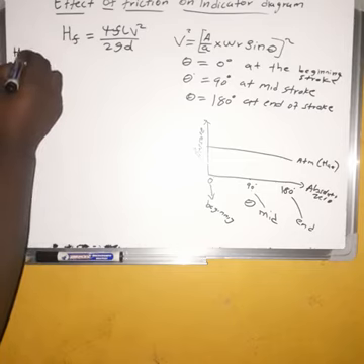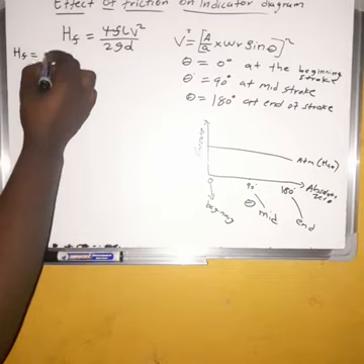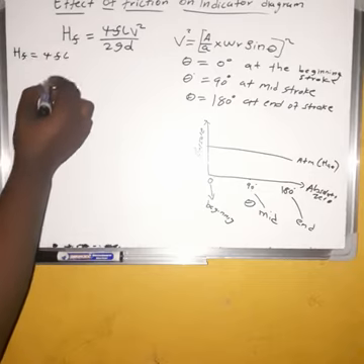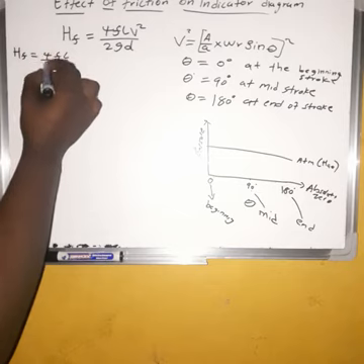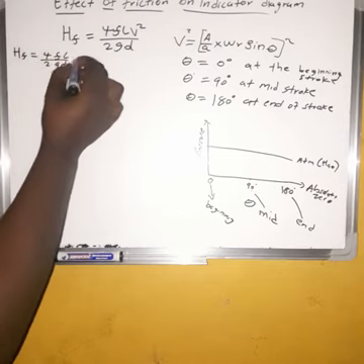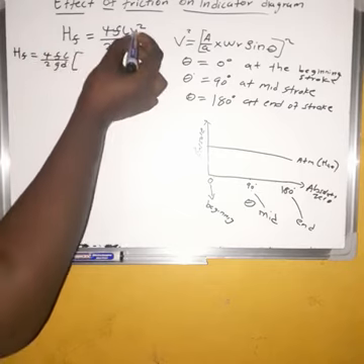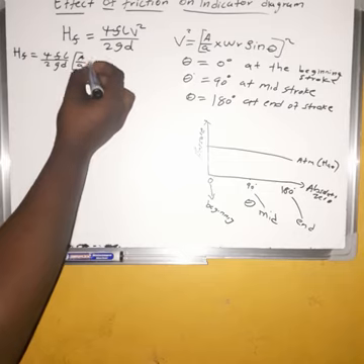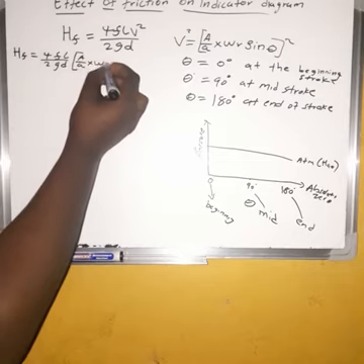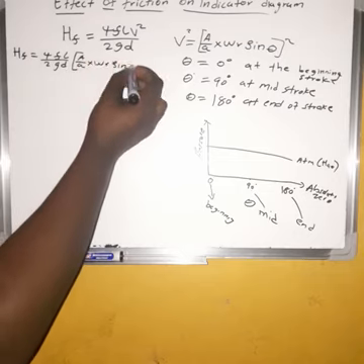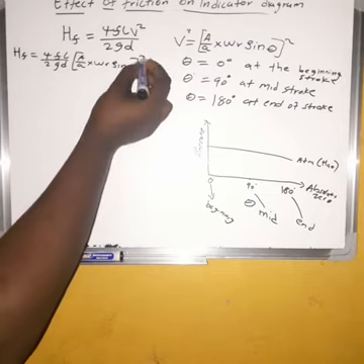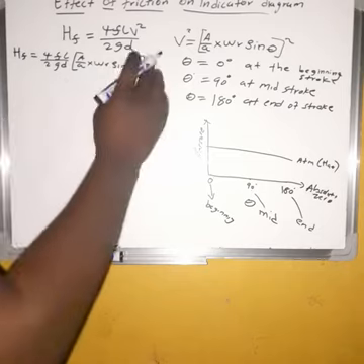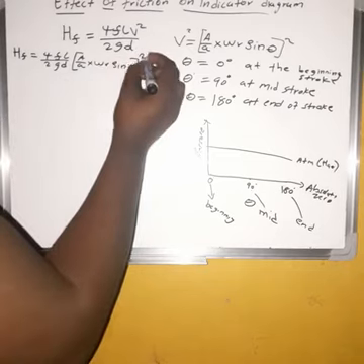HF must be equal to 4FL over 2G, multiplied by V squared. But V is area over area multiplied by WR sine theta, and you square this.